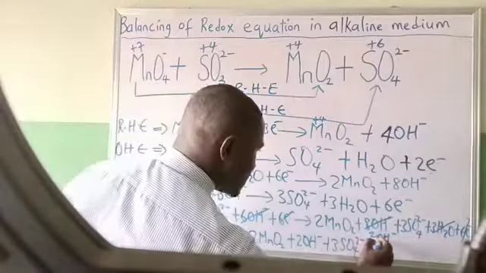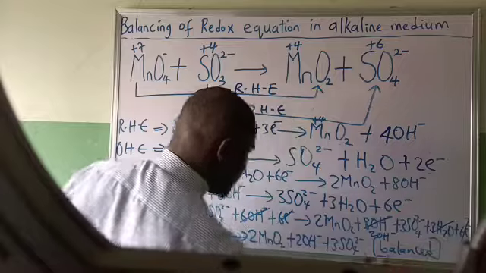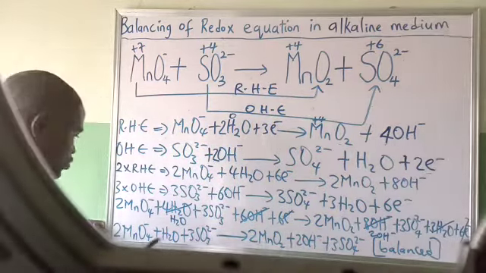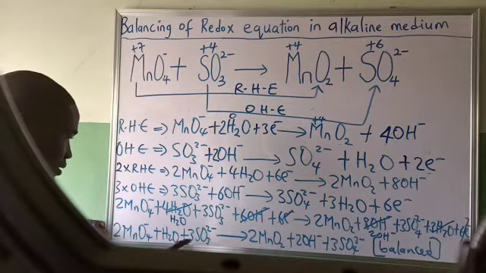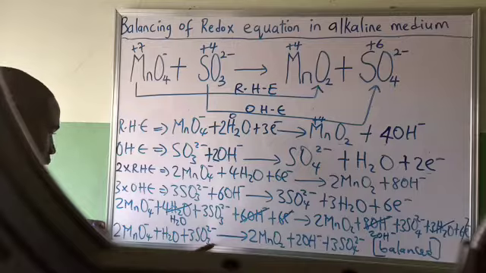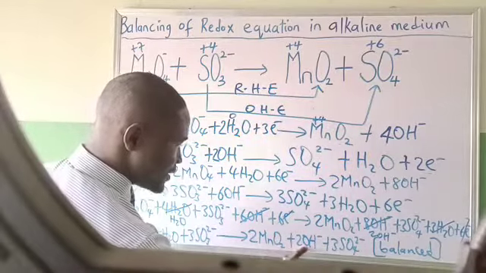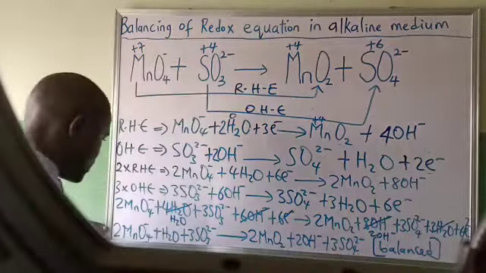So we say it is balanced. Now to confirm it, manganese 2, oxygen 8, 9 plus 9, 18. Here 4, 6 plus 12, 18.